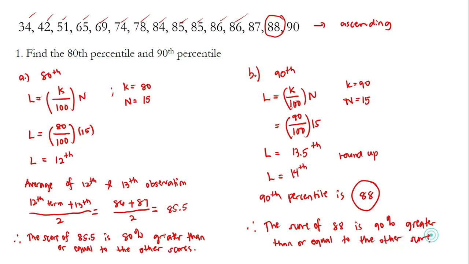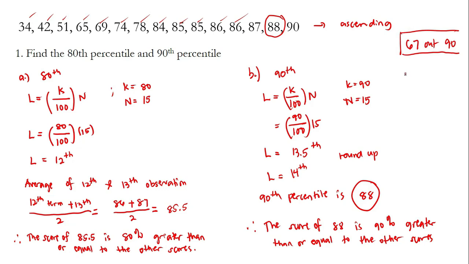So that's it. Now, say for example, the previous slide, I mentioned how about if you scored 67 out of 90? So you can actually solve for your position by using the percentile formula.